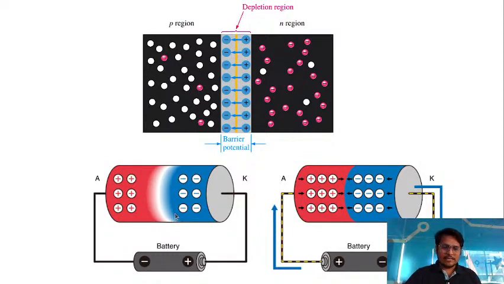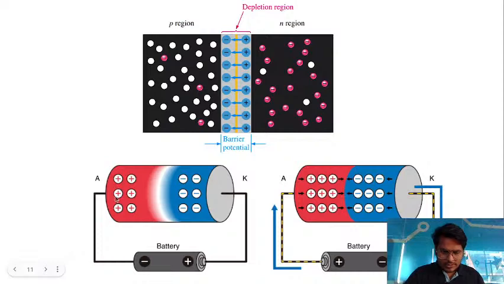And just next to that, on the left side you can see the P-type is connected to negative and the N-type material is connected to positive. This condition is called reverse bias, and in this situation current doesn't flow; the state will be an open switch, and in the forward condition the state will be a closed switch and current will flow in one direction only.